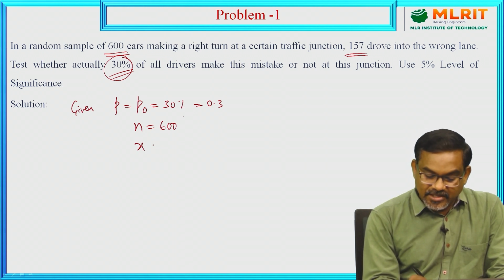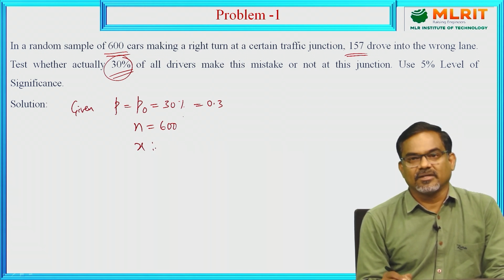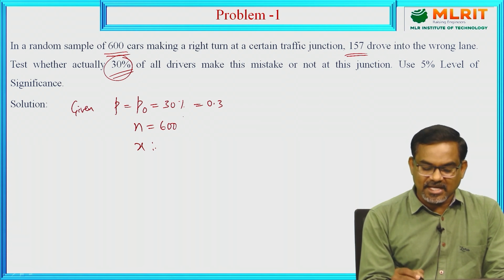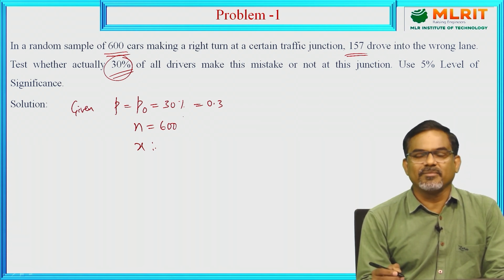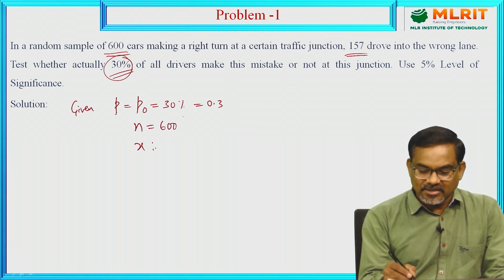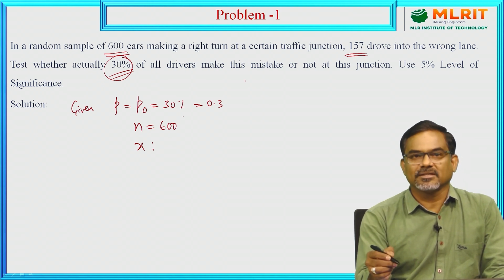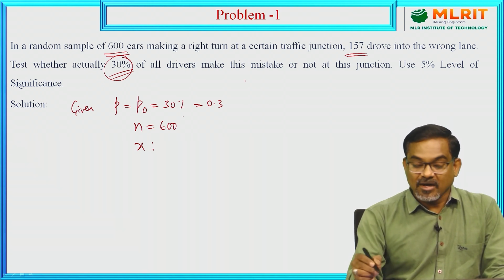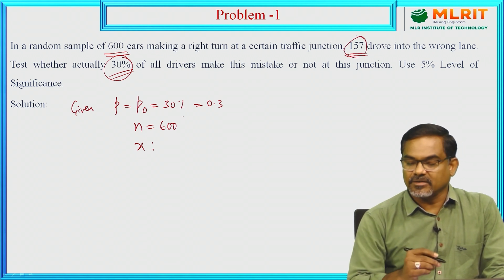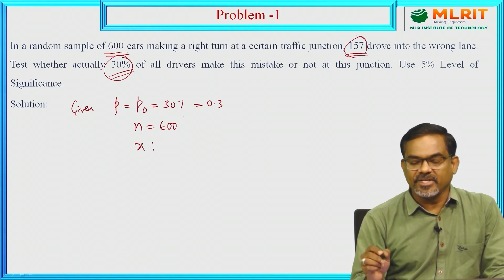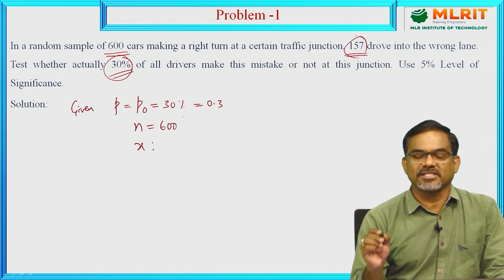Actually, x denotes the successes. In general, we take x as successes, then n minus x will be failures. But here, the problem is about the drivers who commit some mistake, and out of 600, 157 drivers committed the same mistake.